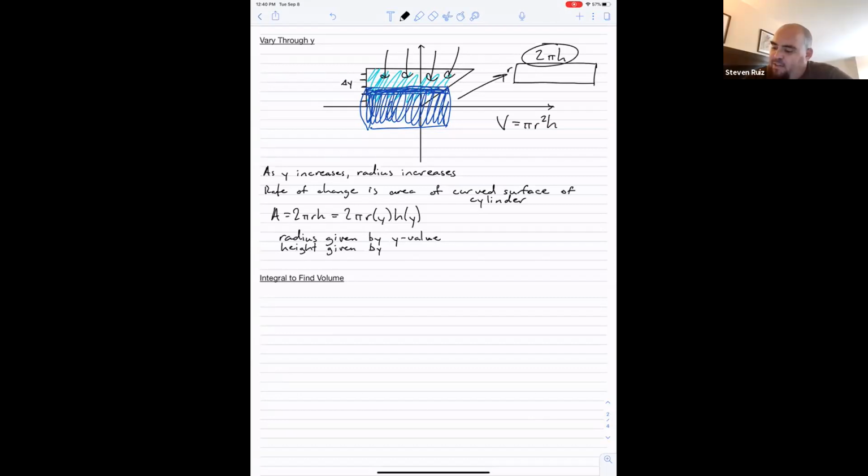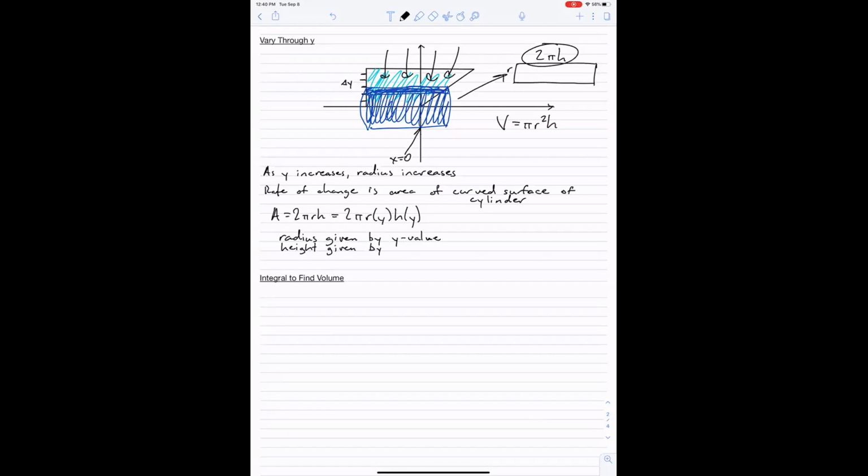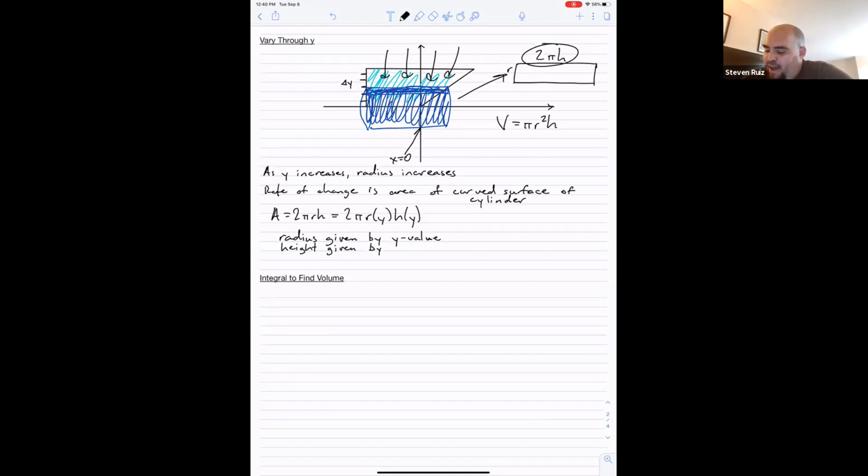But one thing to be careful of here, right here, x is equal to 0. Does that mean the height at that point is equal to 0? No, because there's a difference in it. So the radius is given purely by the y value. The height is going to be given by x value plus 3. Because this really does start at that vertical line, 3 units to the left of the y-axis. So we have to make that adjustment.